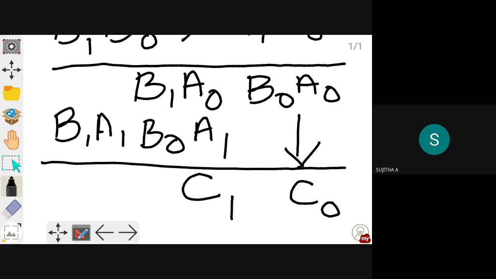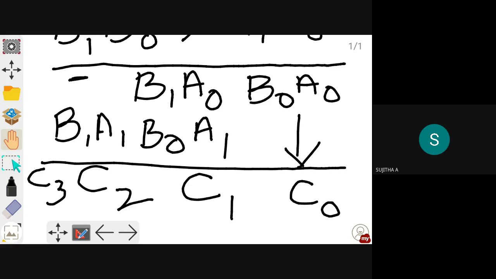If there is any carry, it goes to the next bit.